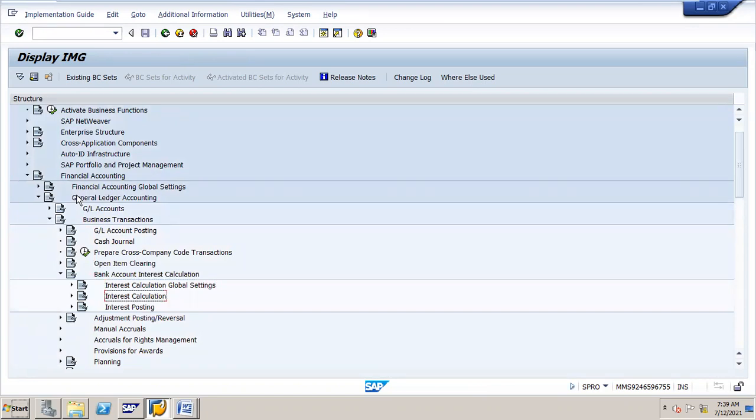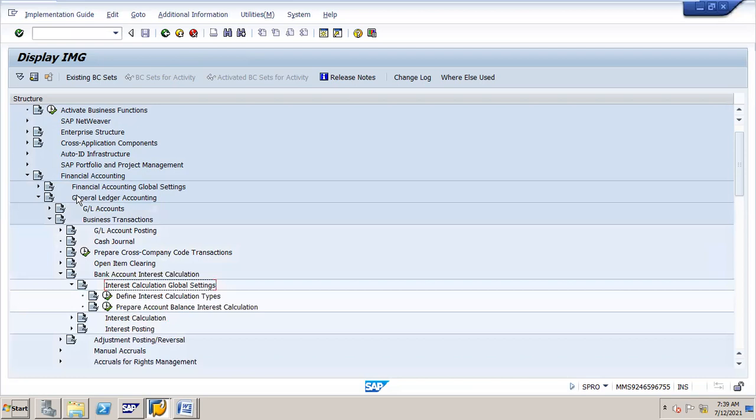Okay, and here global settings. First step is define interest calculation type.